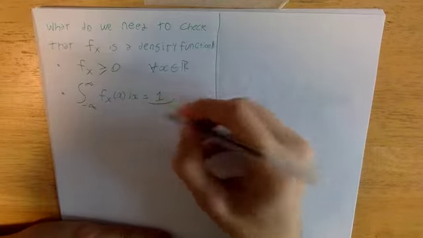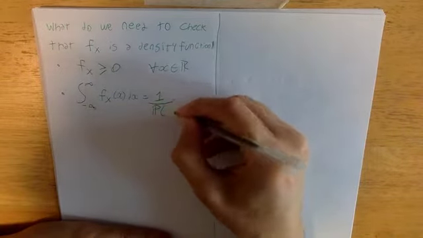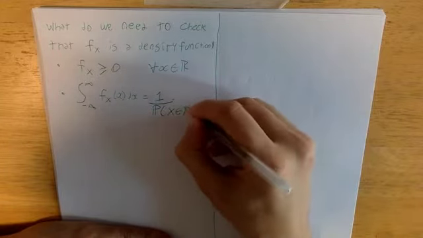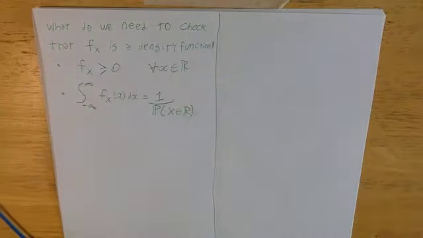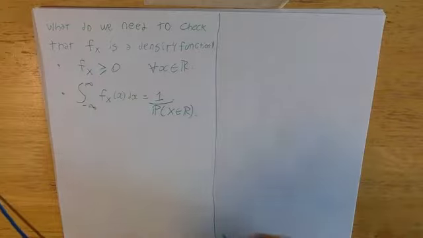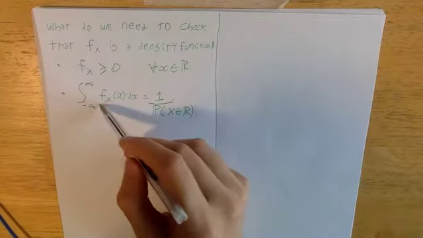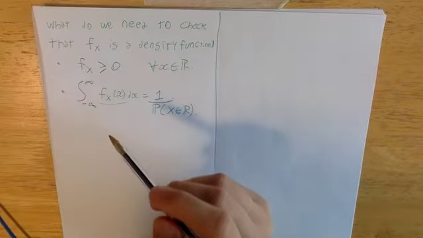This is the probability of X in R, which is just equal to 1. So you actually have to have that the integral of this whole density function is equal to 1.